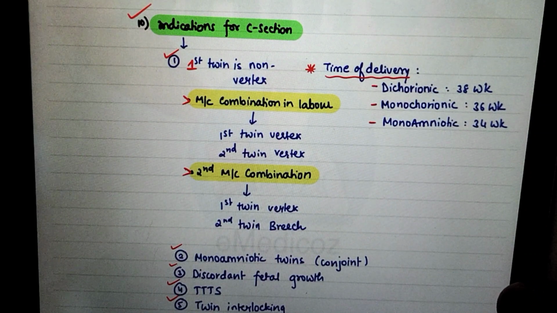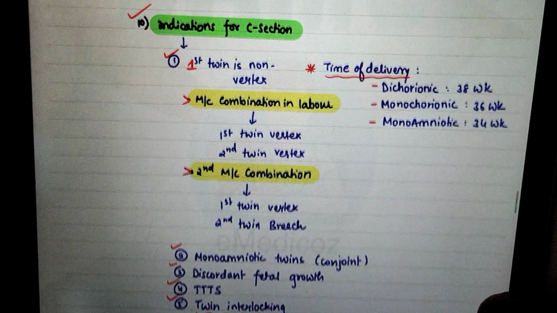What are the indications for C-section in twin pregnancy? If the first twin is non-vertex. The most common combination in labor is first twin vertex, second twin vertex. Second most common combination is first twin vertex and second twin breech. Time of delivery in dichorionic twins is 38 weeks, in monochorionic 36 weeks, monoamniotic 34 weeks.